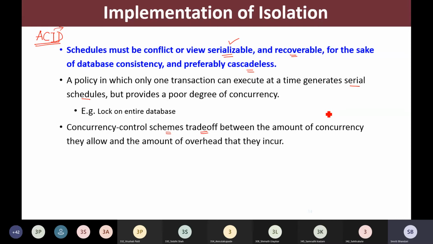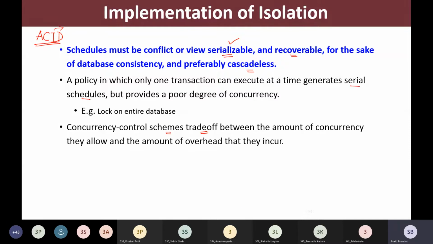And concurrency control schemes have a trade-off between the amount of concurrency they allow and the amount of overhead that they incur. Obviously, if we want a policy wherein concurrent execution of transactions is allowed, the system needs to undergo some overhead, right?